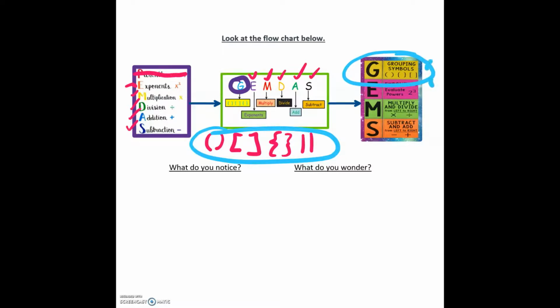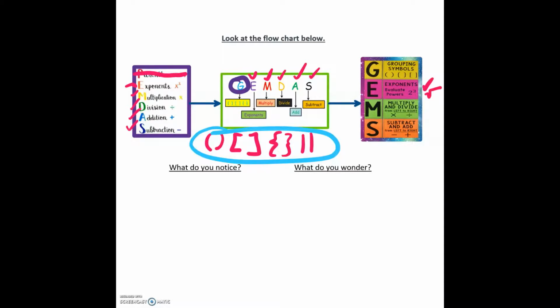Lots, way more than just parentheses. All right. Exponents, we're going to keep it the same. They're still exponents, yeah? But also remember, we have the inverse of exponents. So we have our square roots in here as well.